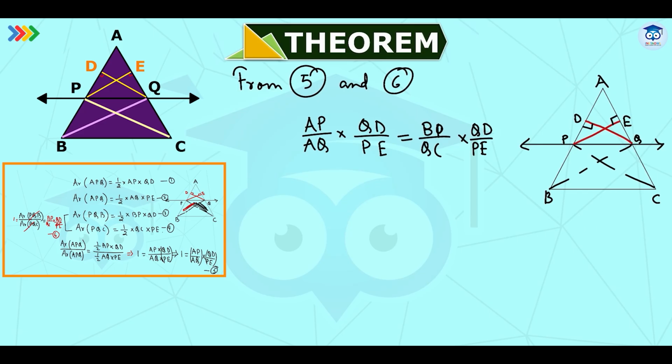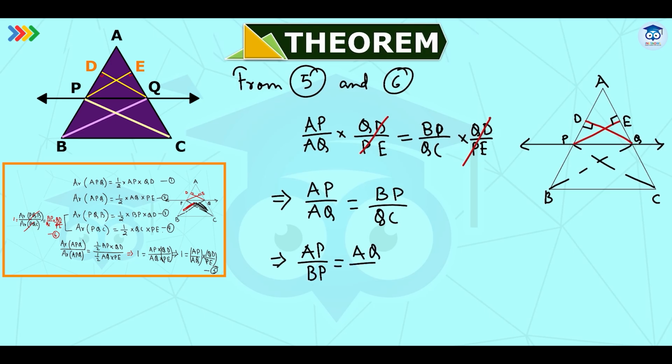So after this we can cancel QD, and we are left with AP upon AQ is equal to BP upon QC. Then we can change it, right? So AP upon BP is equal to AQ upon QC. So we can rewrite this as AP upon PB is equal to AQ upon QC.